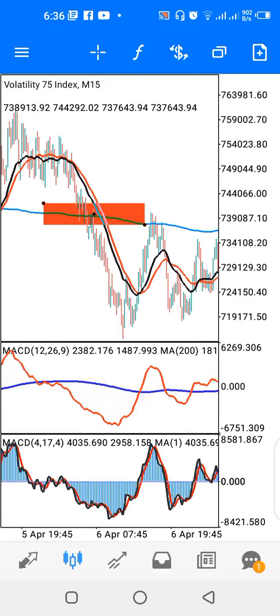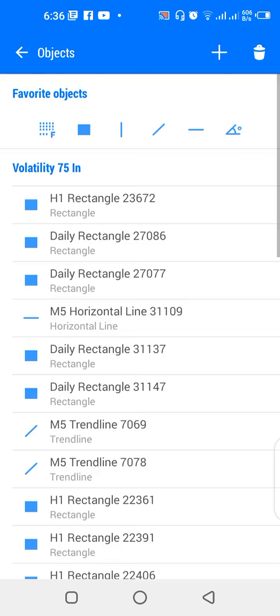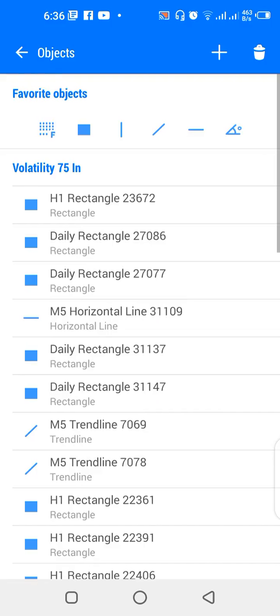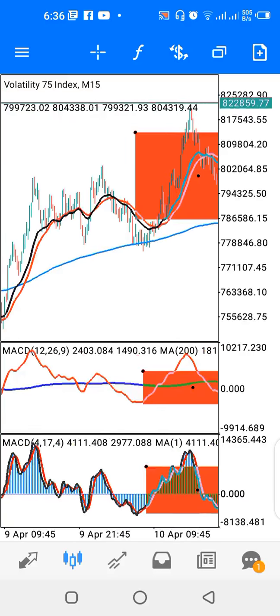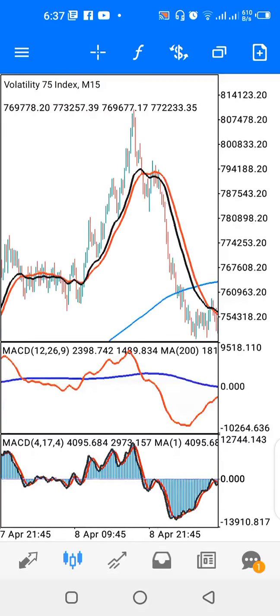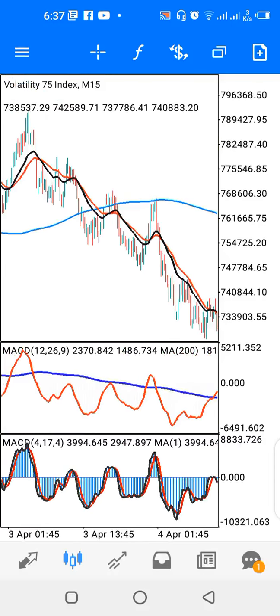There's a break, but there's no significant pullback to the red and the black moving average after the break. But we can still find a better example.